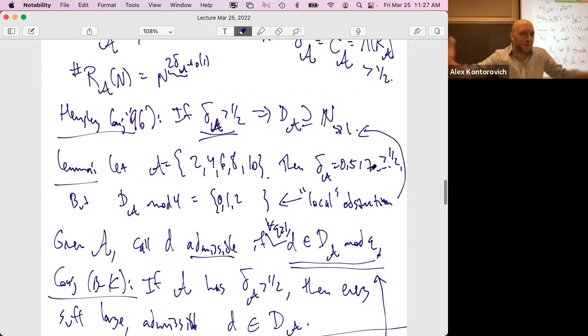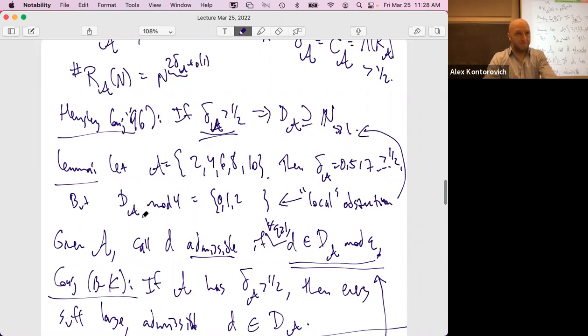There was no reason for this to exist or not to exist, and it turns out it does exist, and it gives us a local obstruction. For all the other primes, you can check that the group generated by gamma A is all of SL2Z mod Q. Really? Wow. And this is the only place where you get a restriction.